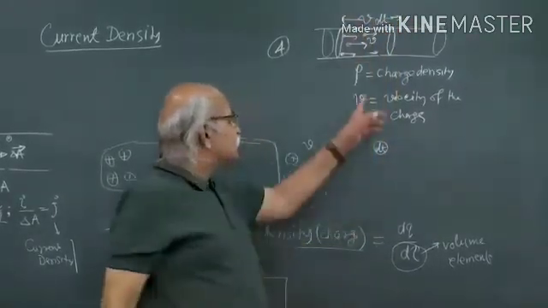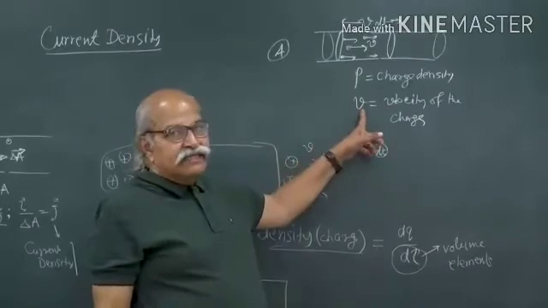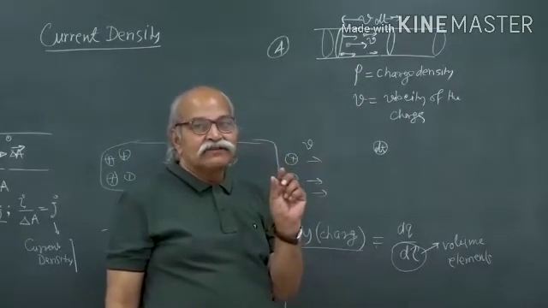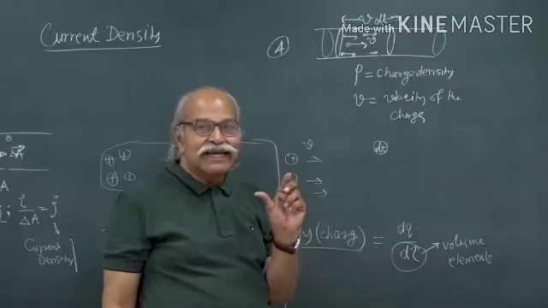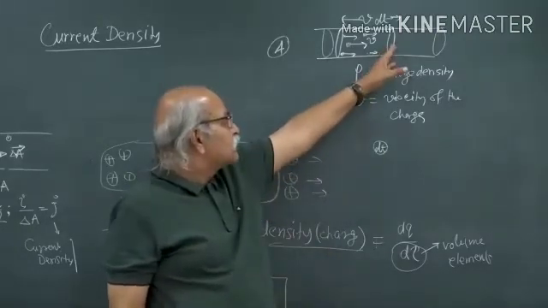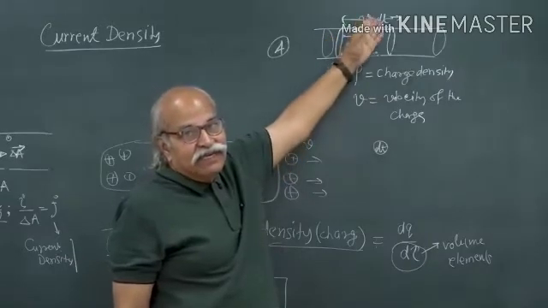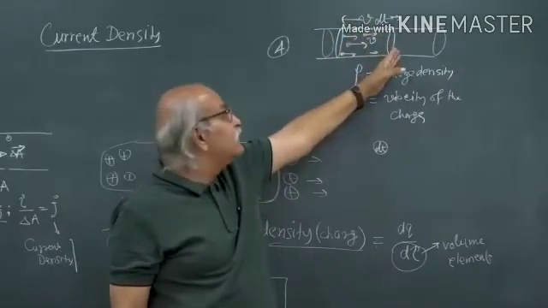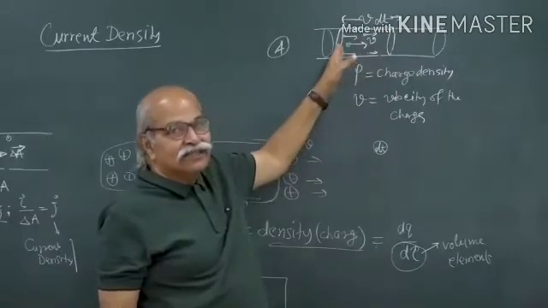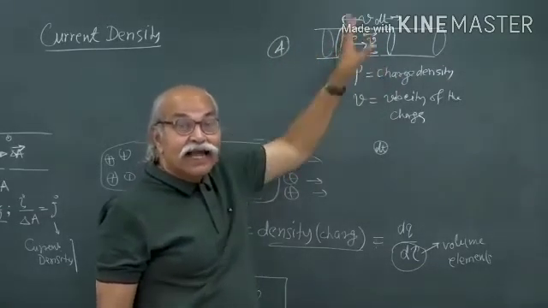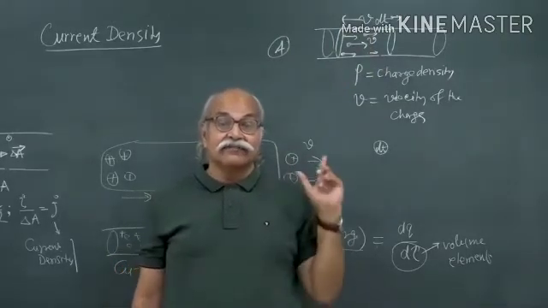So rho is given, v is given, and we consider some time dt, and then v into dt will be a length. So here is one cross section, and behind that, at a length v dt, I take another cross section and look at this wire at a certain instant t.